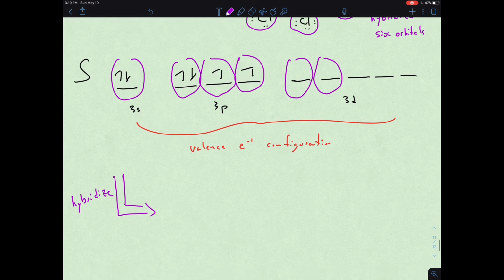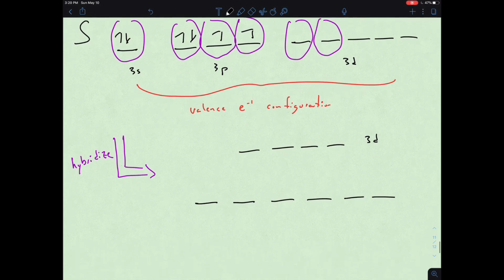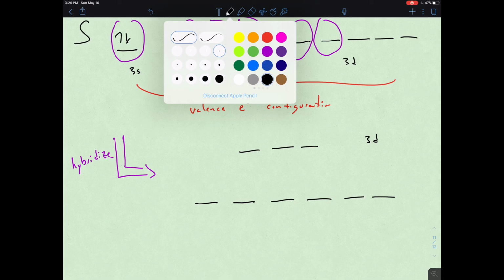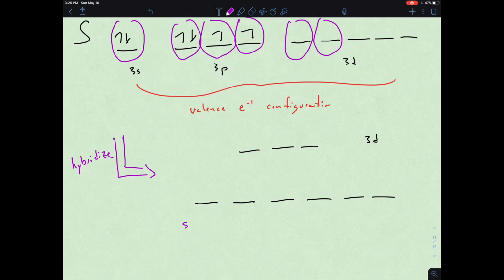So if we do that hybridization process, now we're going to end up with 3 orbitals that we haven't done anything to. And then we have our 6 that we've combined. So now we have sp3d2.